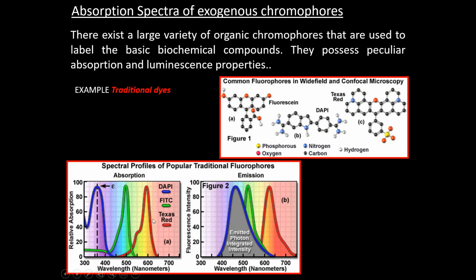Now you see that Texas red has a main peak and a vibronic replica here. So this is another transition to a higher excited level. And be careful, because here you get wavelength. So smaller wavelength means larger energy.